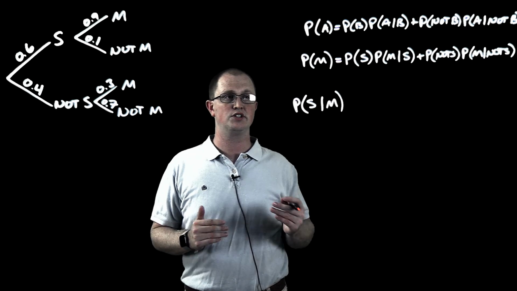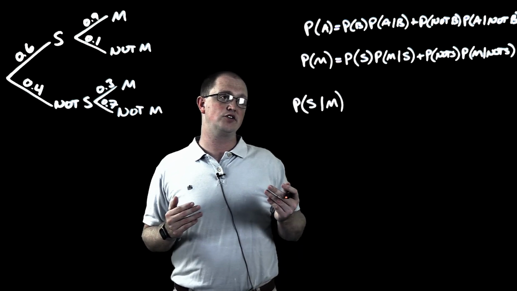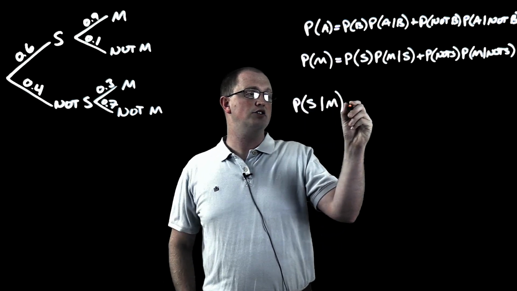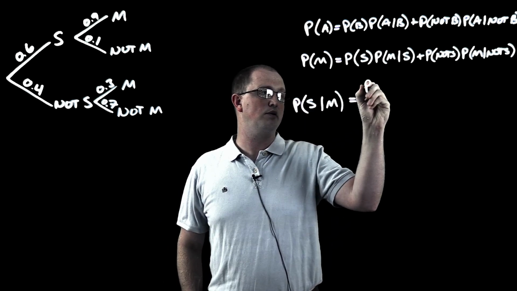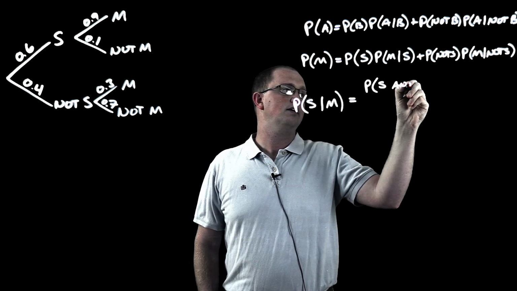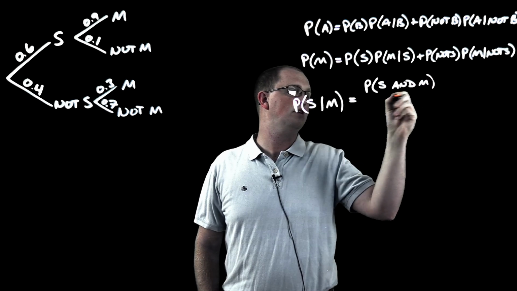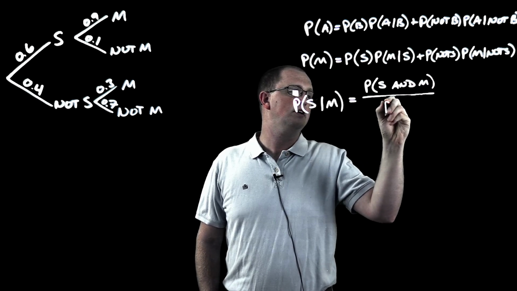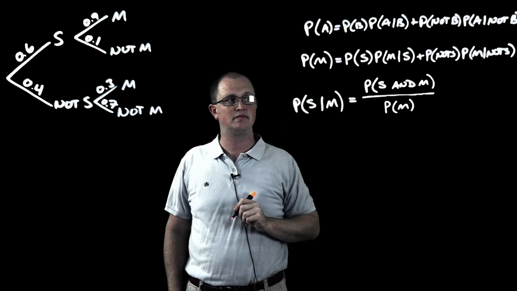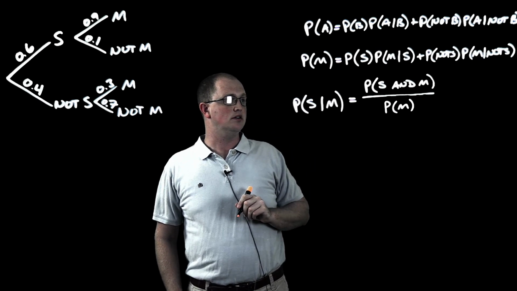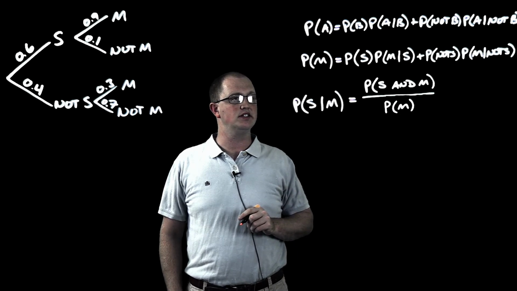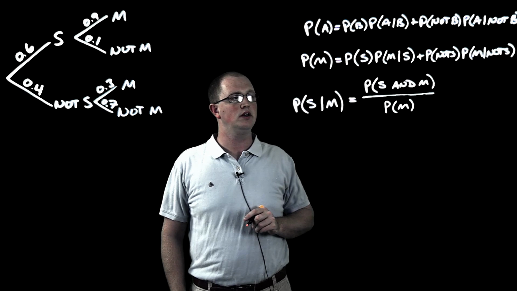So let's think about this. The first thing that we can do is we can use the definition of a conditional probability to say that this is the probability of S and M divided by the probability of M. But the probability of S and M, right?